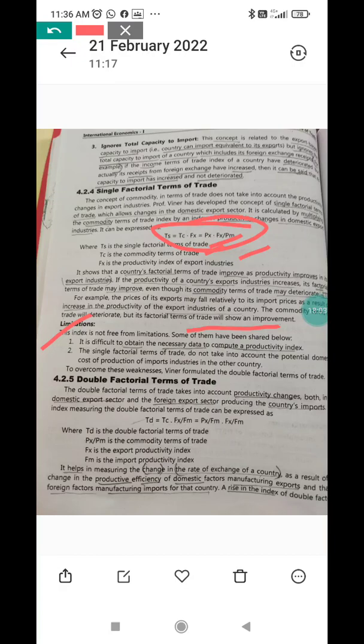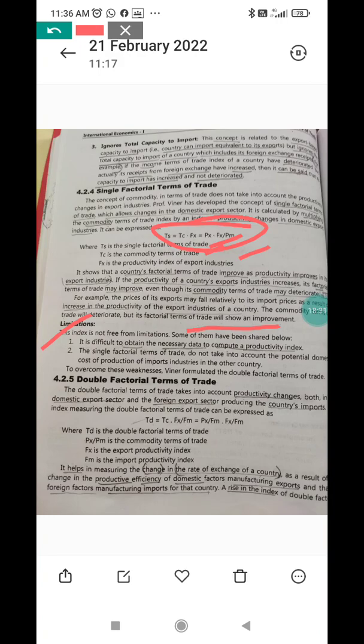Second is, the single factorial terms of trade do not take into account the potential domestic cost of production of import industry in other country. See, they have not taken into account potential domestic cost of production of import in other country.